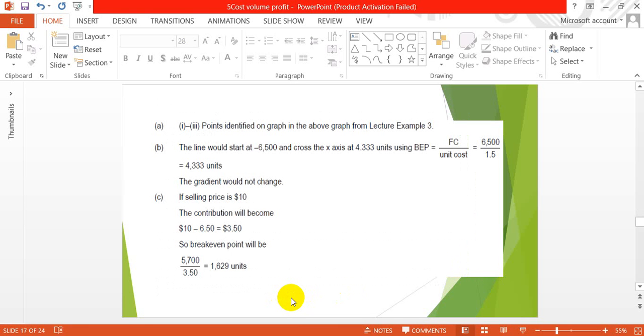So our contribution per unit now will be 3.50. So the break-even point, units required to be sold, should reduce from 3,800 to 1,629 units. So meaning we'll reach our break-even point quicker.